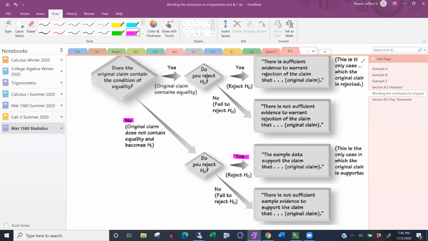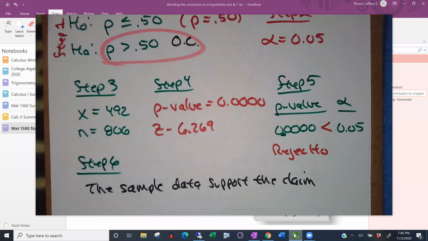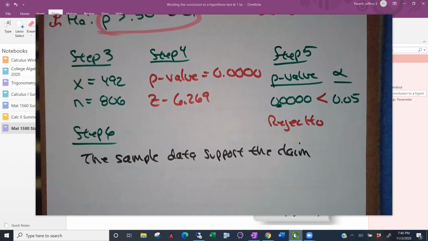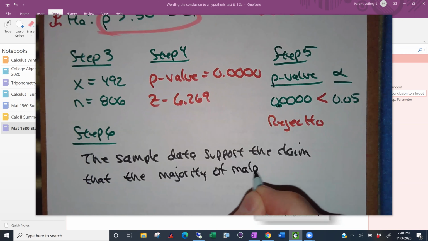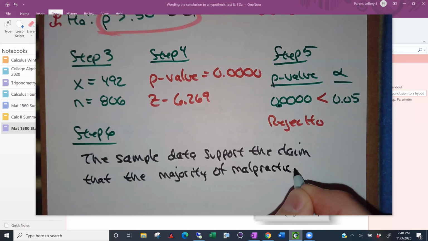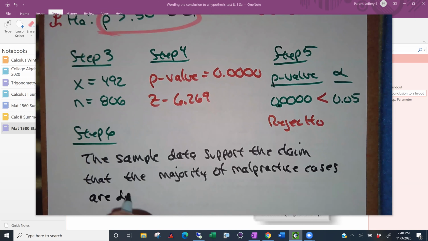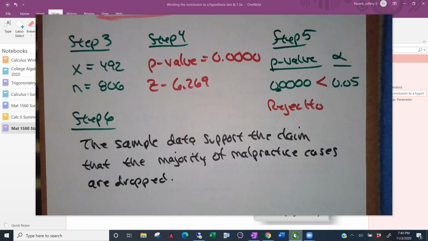Now this whole thing really needs to be done in words, so that way somebody could read it and understand it. I want simple words. That the majority of malpractice cases are dropped, or dismissed. All right, but that's the important part here.